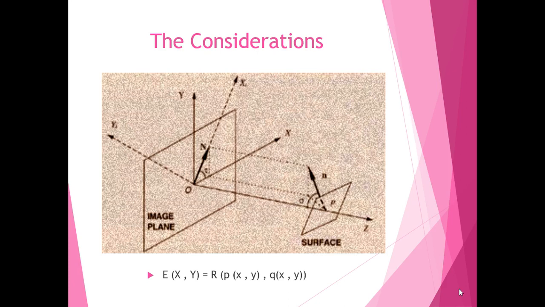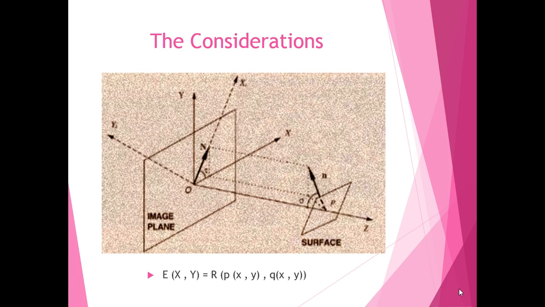Now the reconstruction of the three-dimensional shape from the two-dimensional shading image requires various information that is obtained from the image irradiance equation given on the slide, and it is equal to capital E of x and y equal to the capital R of P Q, where P and Q are themselves functions of x and y.